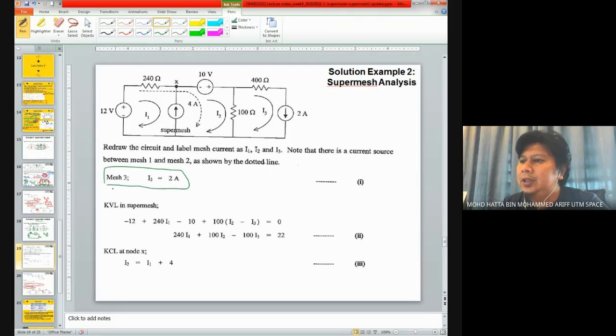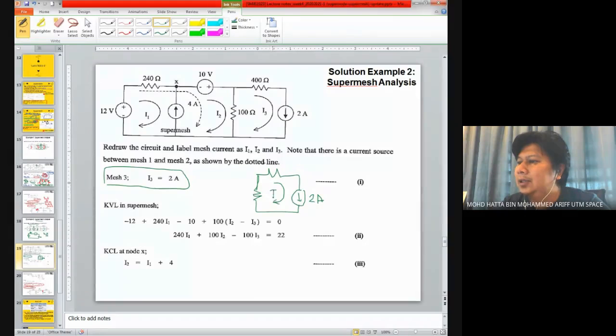Mesh number 3 consists of a current source. Maybe my drawing is not that good, but it's just a sketch. This is the mesh, and we have a 2 ampere current source over here.